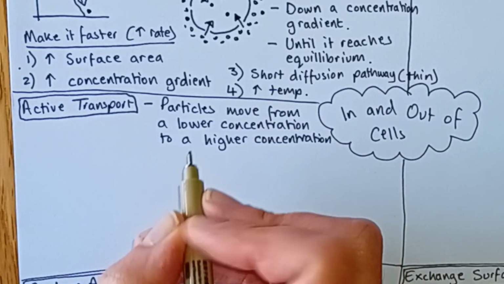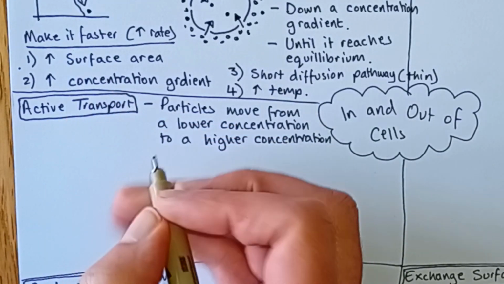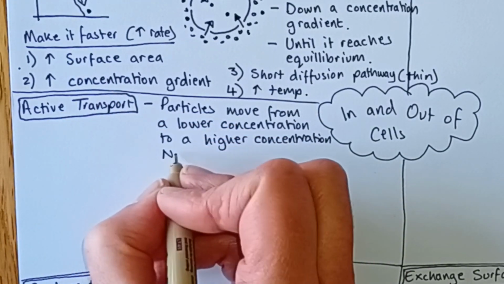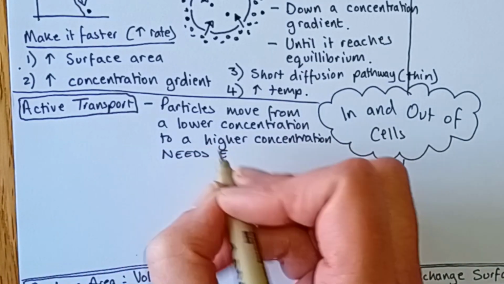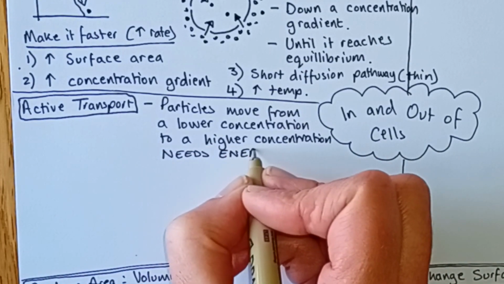And because we're going against the concentration gradient, this needs energy. It is an active process. That's what active means. It needs energy.